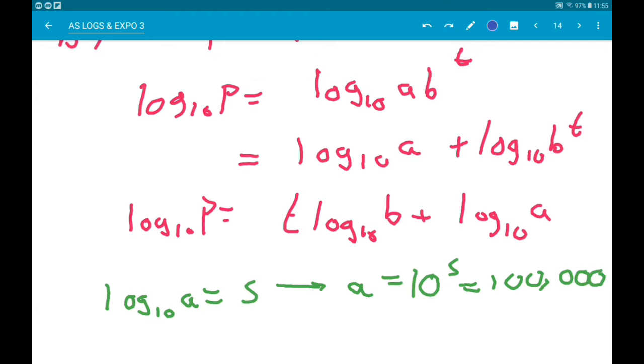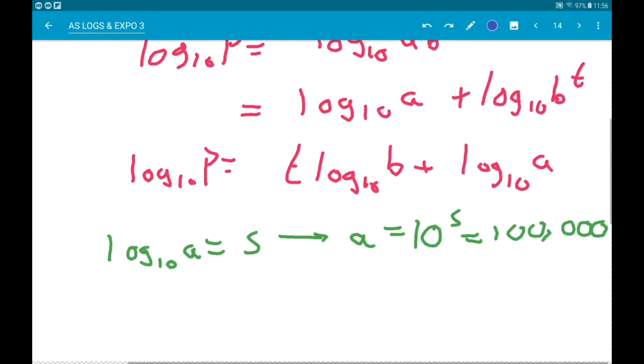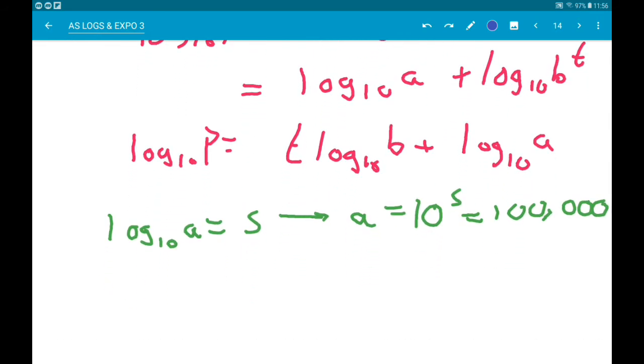Okay, and now log 10 b is the gradient because it's multiplying t. So that means log 10 b is equal to 1/200.